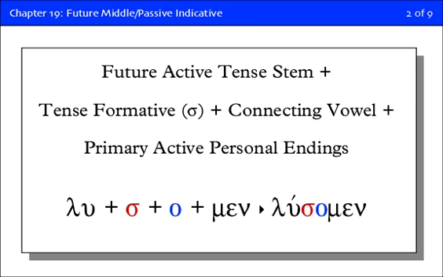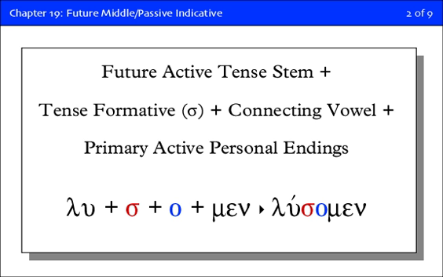In other words, we're looking at words like akuo, because the present tense stem of akuo is aku, and the future tense stem is also aku. So it's those kind of words, or what you might want to call regular, although I don't like that word, but the regularly formed futures.